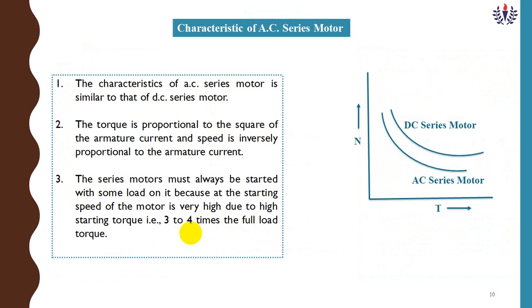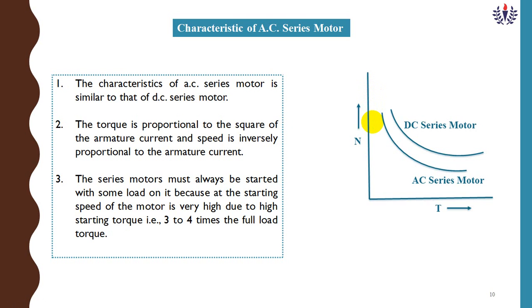Then the characteristics. This is the characteristics of the AC series motor. The x-axis is torque and the y-axis is speed, because the characteristics of the AC series motor are similar to the DC series motor. What is the torque equation of the DC series motor?